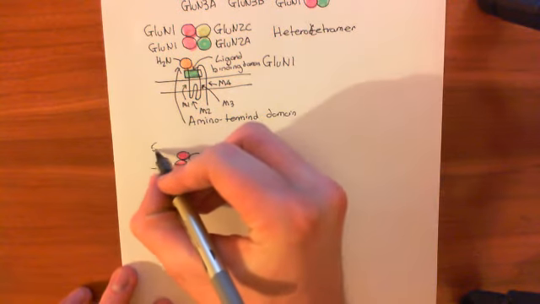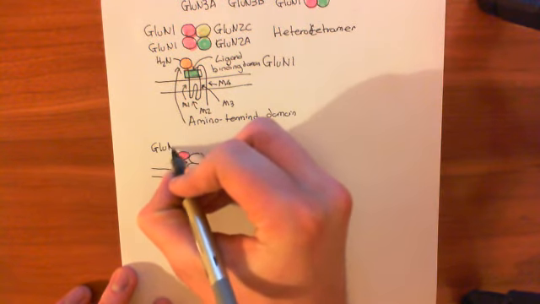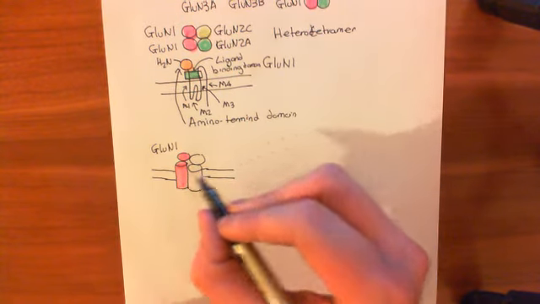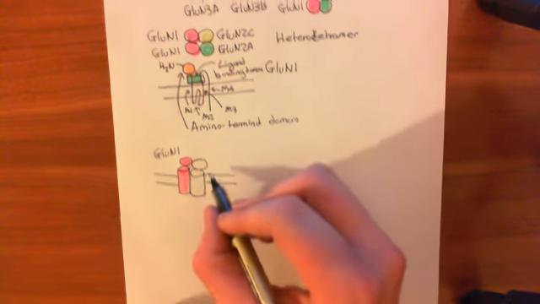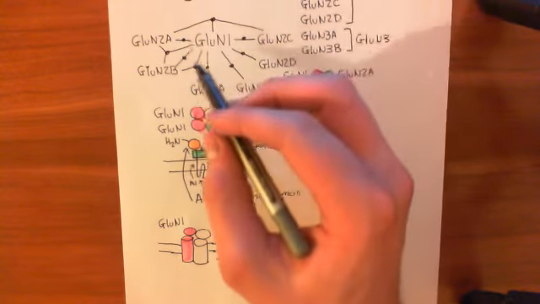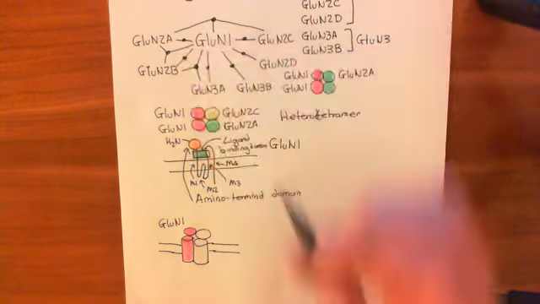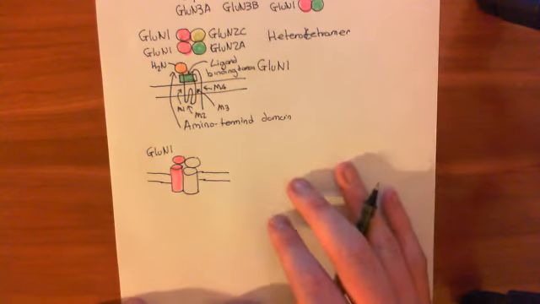Then we can pick 2 others to go in here. They can either be the same or they can be different, as long as, if they're going to be different, they are one of these 3 options here. For argument's sake, let's have them as the same.